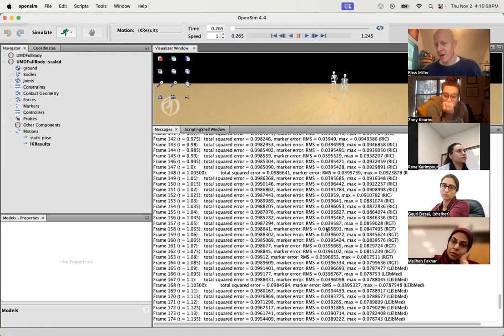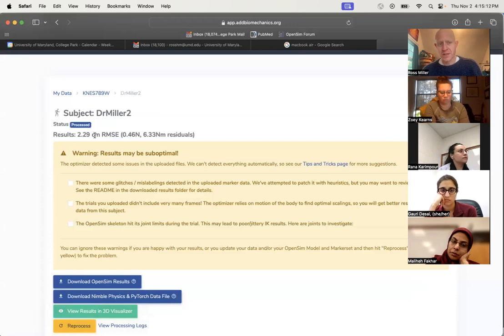And if you average that RMS over all the frames, I'm pretty sure that is this number up here that AddBiomechanics is reporting. So it's the RMS of each frame averaged over time, averaged over all the markers, if that makes sense. If you just guessed what on average is the deviation between the model and the markers, it would be 2.29 centimeters at any particular frame for any particular marker. That's kind of what that's saying.